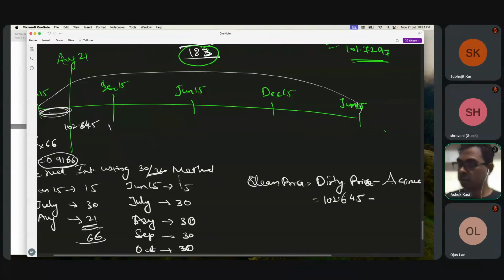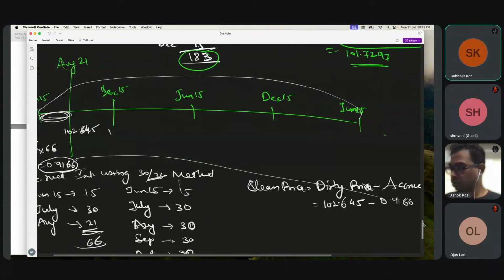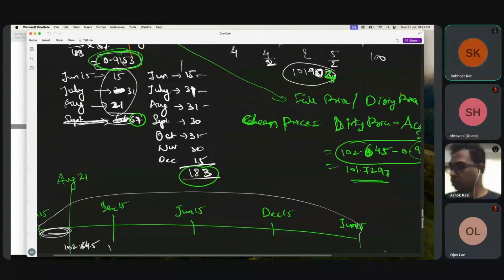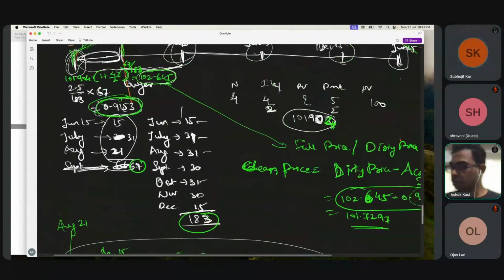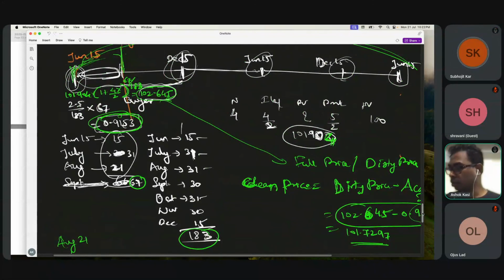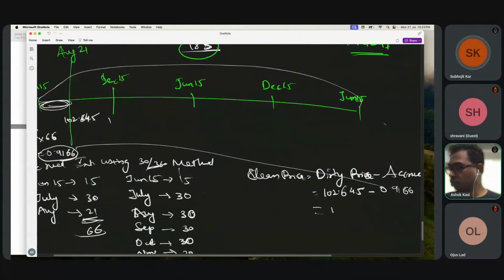Accrued interest is how much? 0.9166, right? So it's 101.7283. Earlier, what was the accrued interest? 0.9153. So the clean price is 101.7283. This is the clean price. Fine.